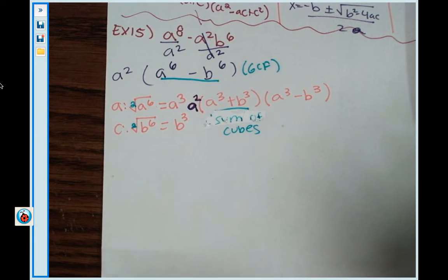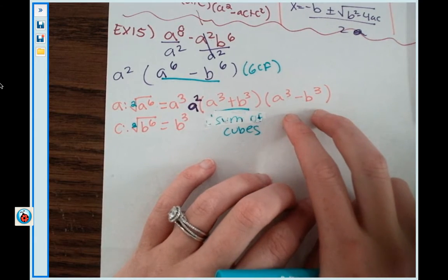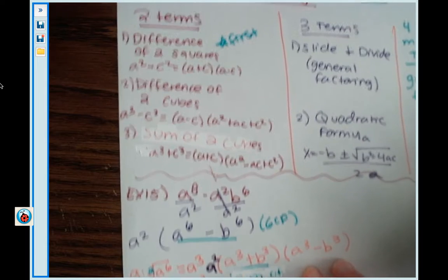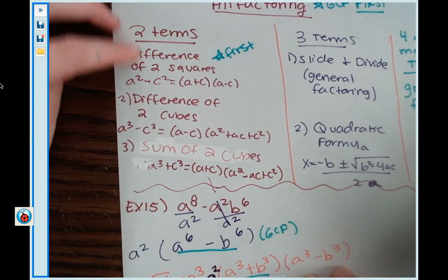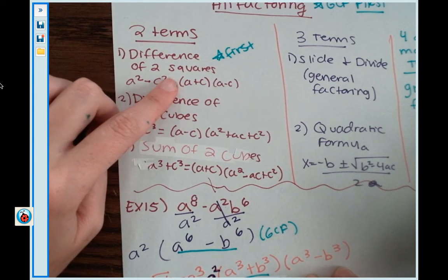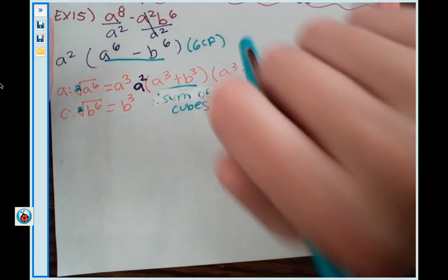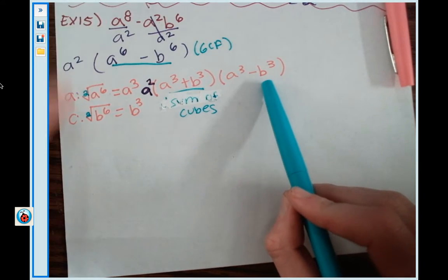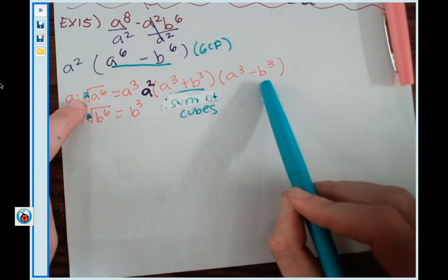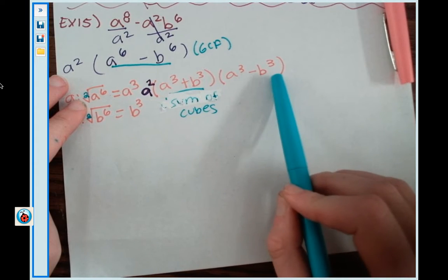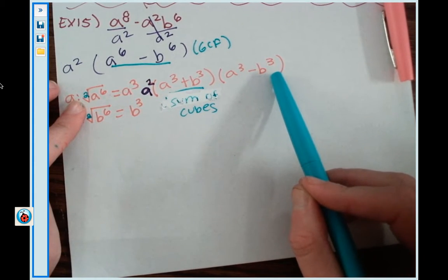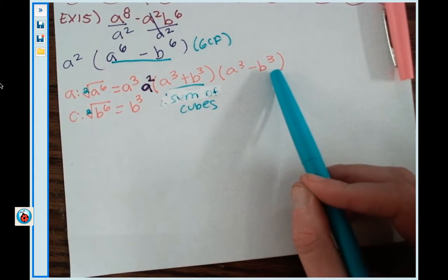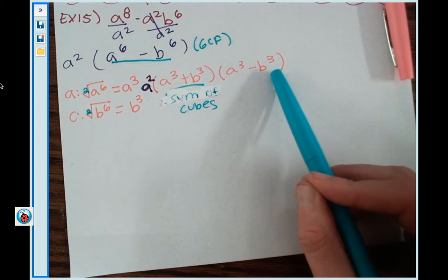Now the second parenthesis, I have two things that are subtracting. So let's go to my two terms. The two things that are subtracting are a difference of squares and a difference of cubes. So let's see which will work. For a difference of squares, I have to be able to square root each of these. In a square root, there's a 2 in the index, so I have to be able to divide the 3 by 2, which I cannot successfully do and get a whole number.